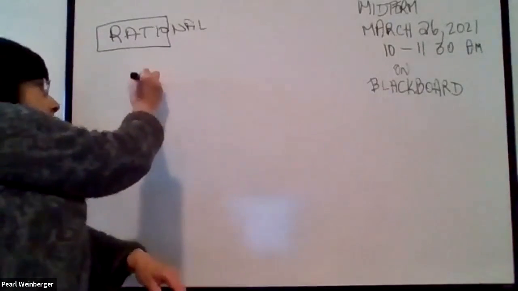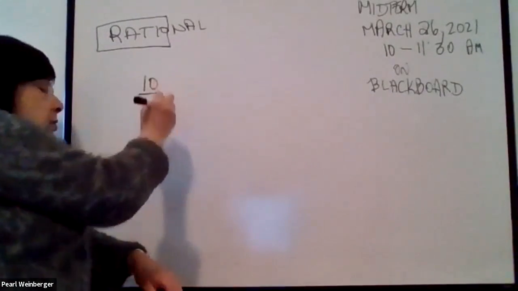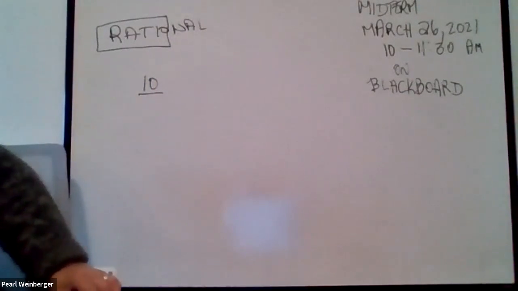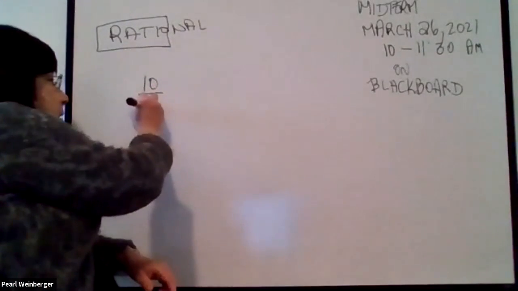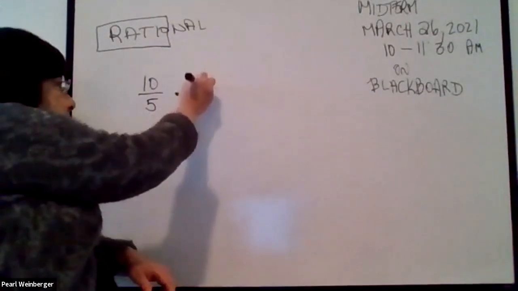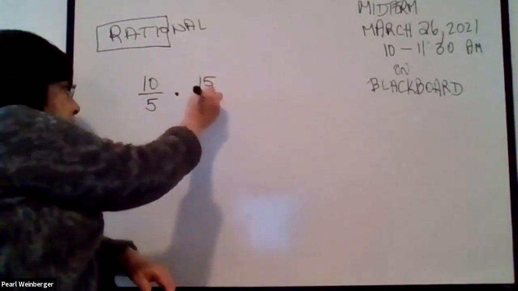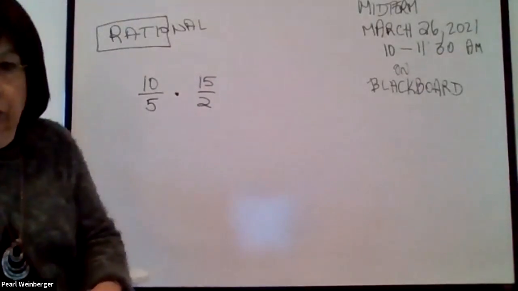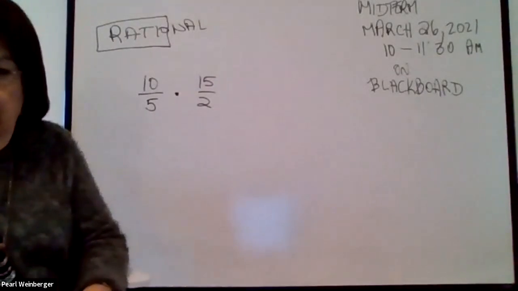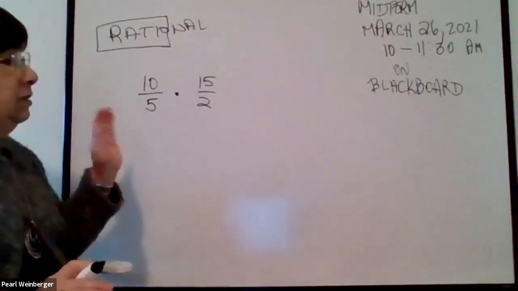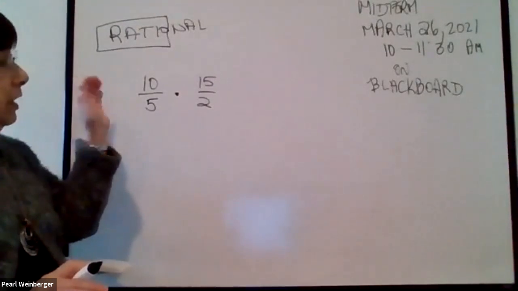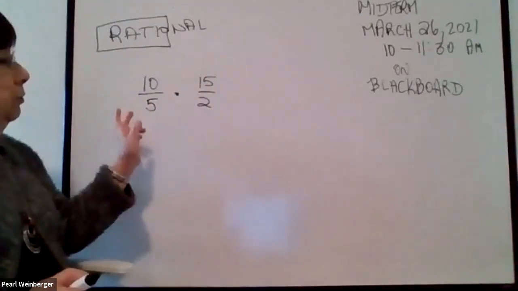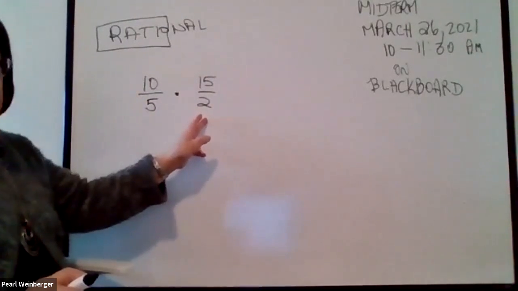And then we'll go on to multiplication and division with rational expressions. So let's say I had 10 over 5 times 15 over 2. Let's say I wanted to multiply these two fractions. Well, the basic rule in multiplying fractions is that you multiply the two numerators together and you multiply the two denominators together.